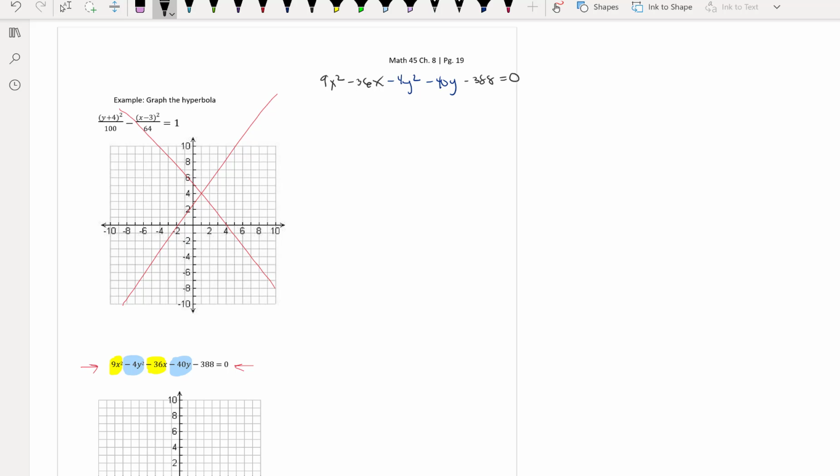So what I want to do to solve for this, there's a couple of things I need to do. I need to set it equal to 1. And the other thing that I need to do is I'm going to use completing the square to get this into the x minus h and the y minus k type value.